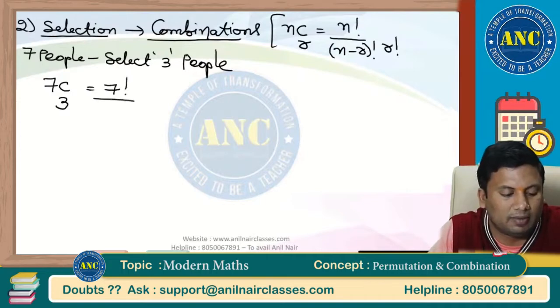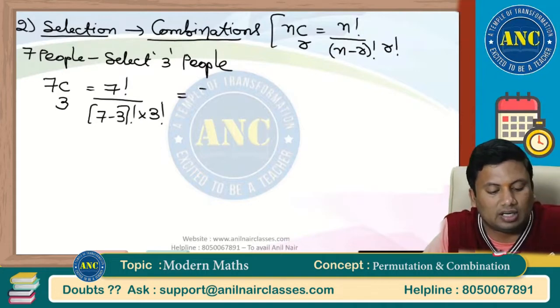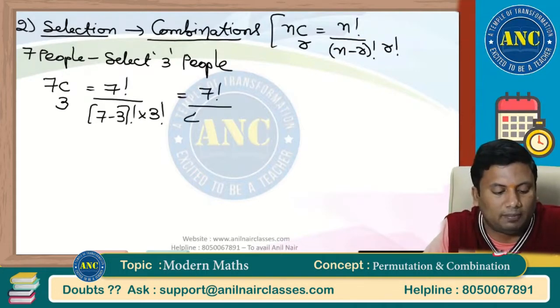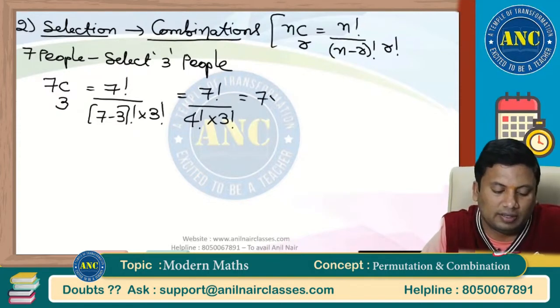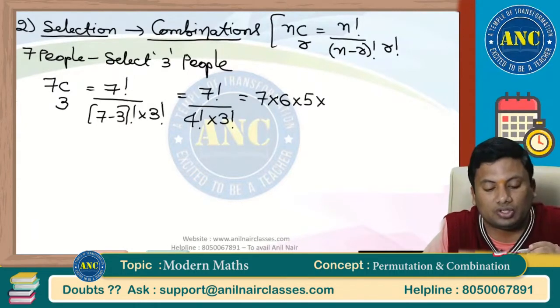nCr is nothing but n factorial by (n minus r) factorial into r factorial. This is nothing but 7 factorial by 4 factorial into 3 factorial. Factorial is n into (n minus 1) into (n minus 2) and so on up to 1.